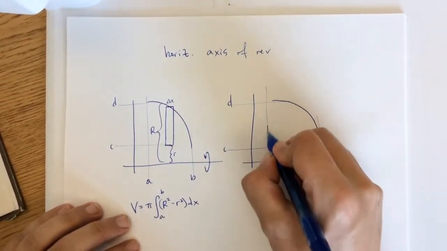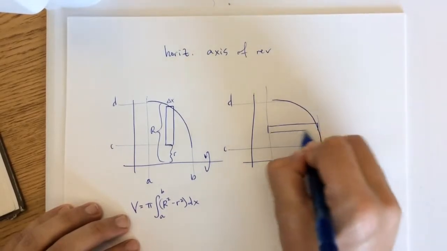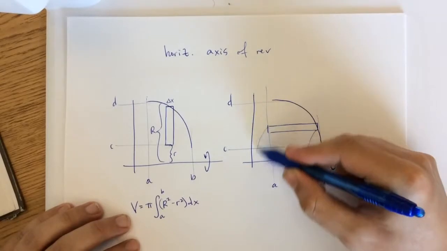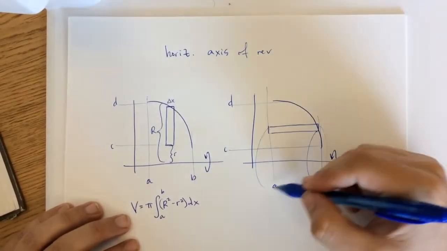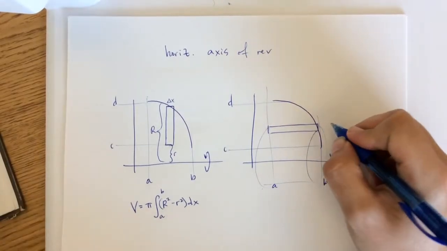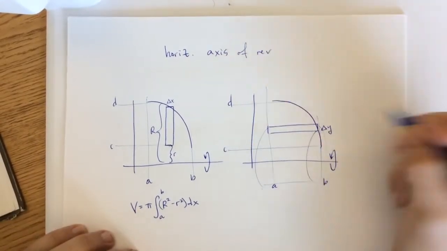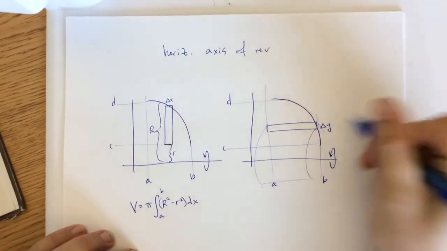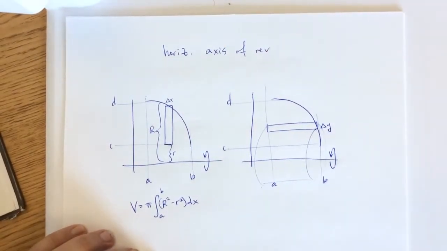For the shell method, in order to make cylindrical shells with a horizontal axis of rotation, there's my cylindrical shell, my representative rectangle has to be horizontal. And so I'm going to have a height, delta y.